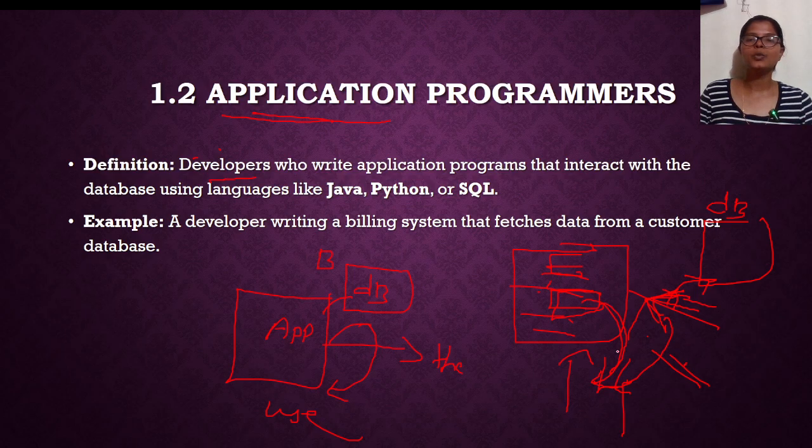So the user is communicating indirectly with the database through an application, through a program written by the application programmer or backend developers, using any language like Java or Python. This programmer fetches the data from the database and gives the result to the user.